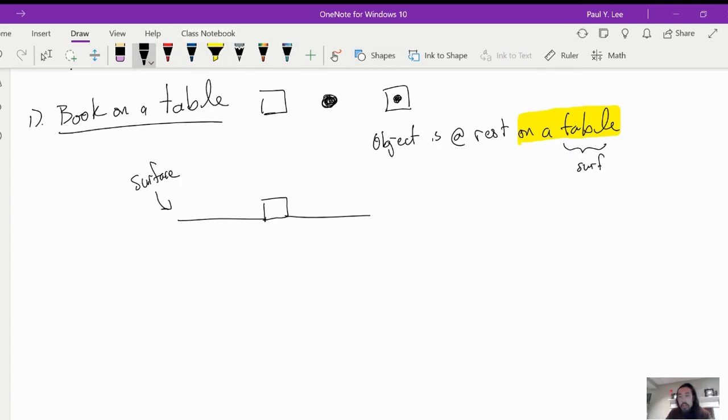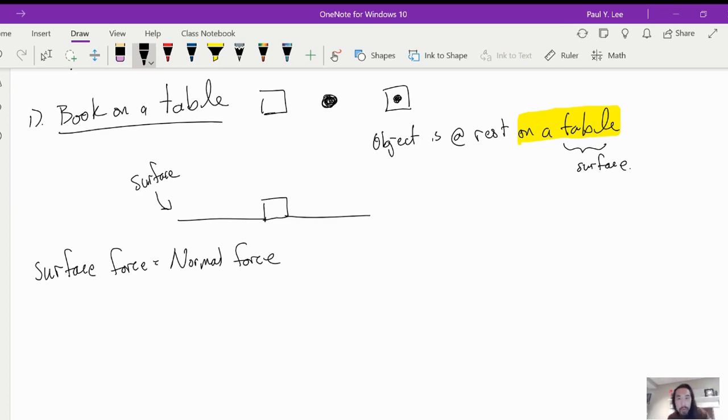So we'll call this the surface, right? And so the surface force, let's put a definition down here. The surface force is what we call the normal force. Now, the word normal isn't like the everyday use of the word normal, like, oh, the sky is blue. Well, that's normal. Or my car is moving. Oh, that's normal, right?